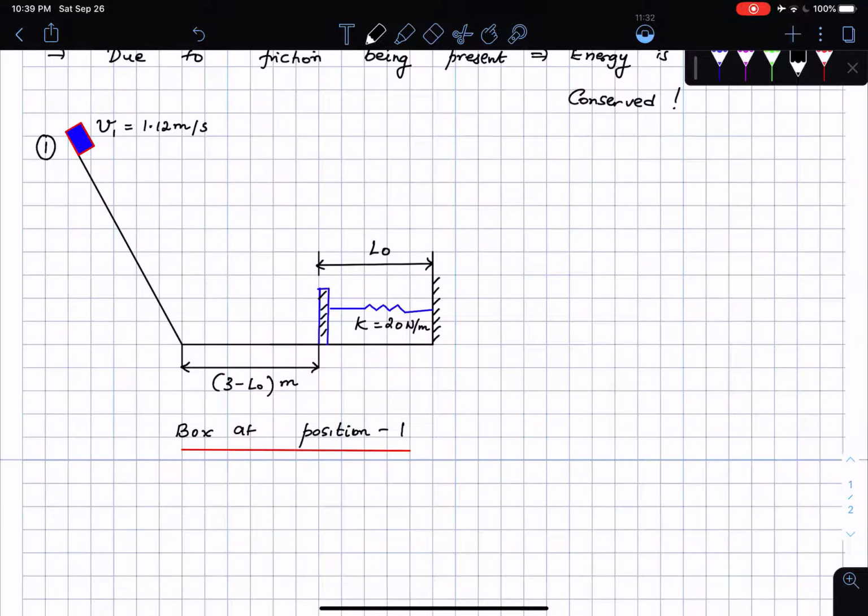Potential energy due to gravity is positive if the height of the particle is above the datum.